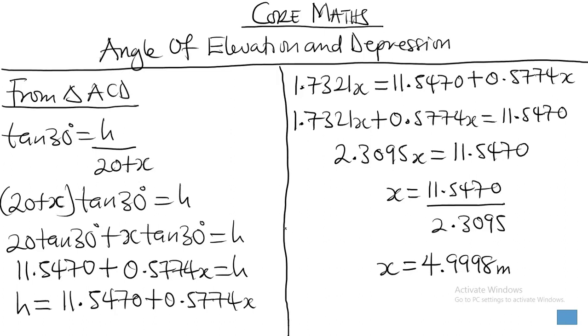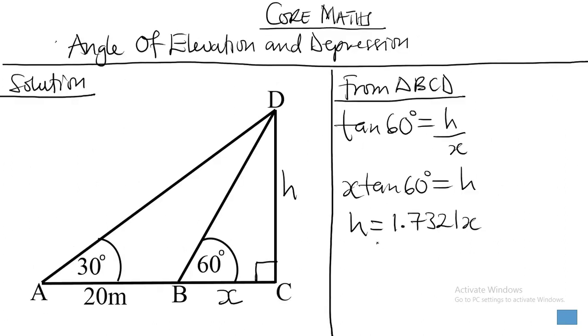But we are to look for what? H. Remember, in the first equation, our H is equal to 1.7321x.